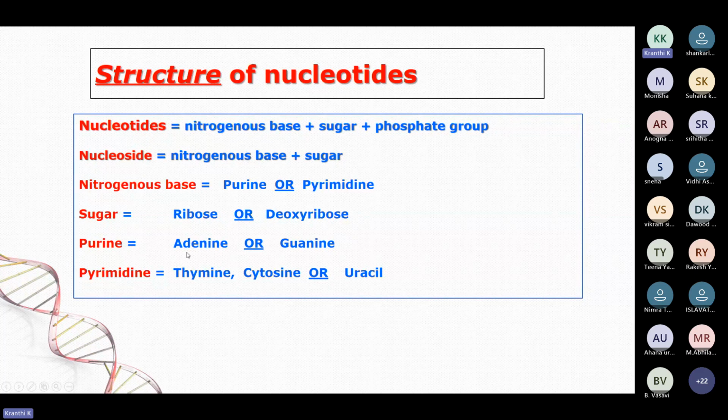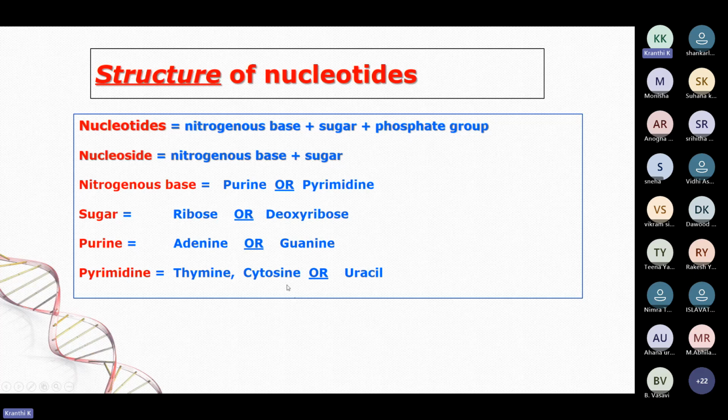What is a purine? Purines are adenine, guanine. Pyrimidines are thymine, cytosine, uracil. There are three pyrimidines: thymine, cytosine, uracil. Then purines are two: adenine, guanine. Okay. So, in DNA, we have thymine and cytosine. When you take the RNA, RNA contains no thymine, it contains a uracil in the place of thymine.